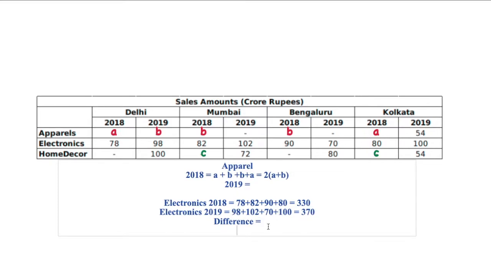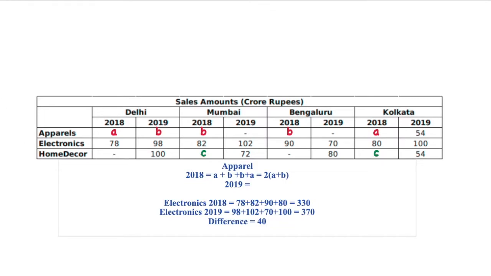So the difference is 40 crores. Okay. So this means that the difference between apparel in 2019 and 2018 of all four cities is 40. This is an important data here.